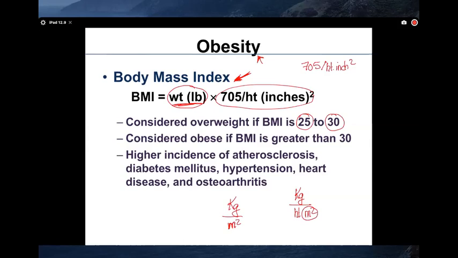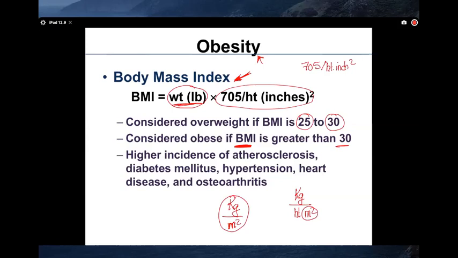All right, that's if you're using the metric system. A person is considered obese if the body mass index is greater than 30. We have multiple levels of obesity, as you will see looking at the metabolism lab handout.